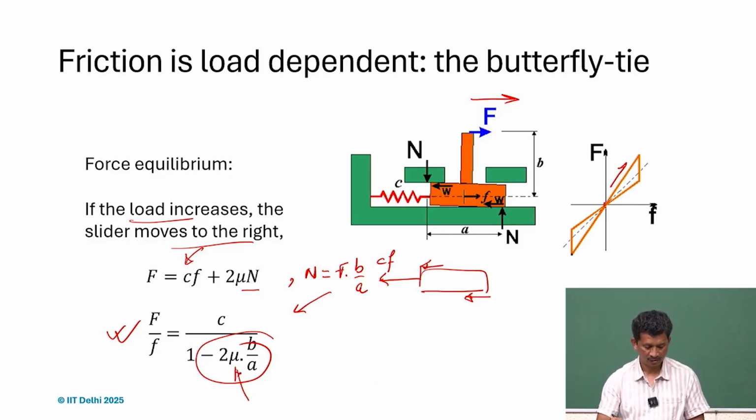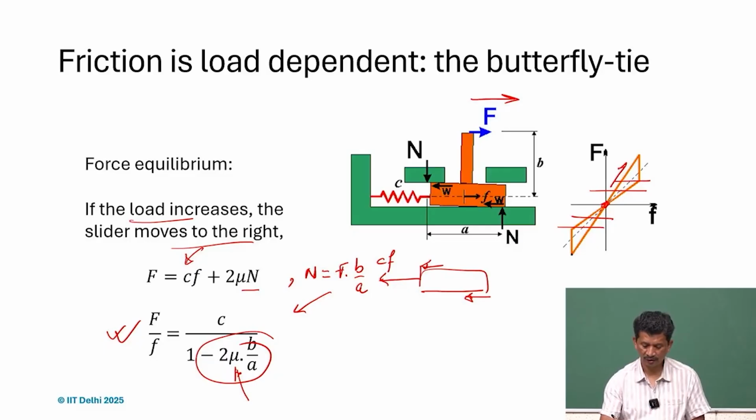So it starts from 0. The good thing is when the force is 0, there is no deflection. But as we start increasing the force, we can see that it is load dependent, it varies.